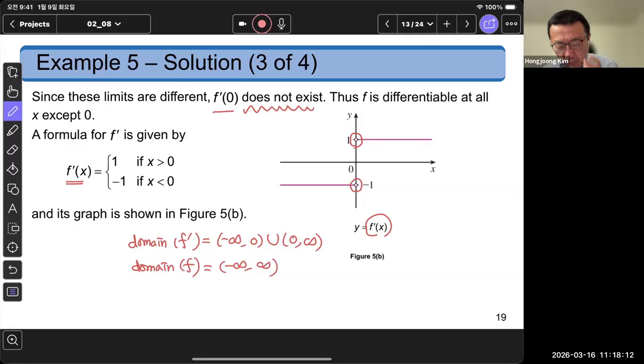So the two domains are different. And this absolute value function is differentiable at all real numbers except 0. Please remember this fact. Okay?